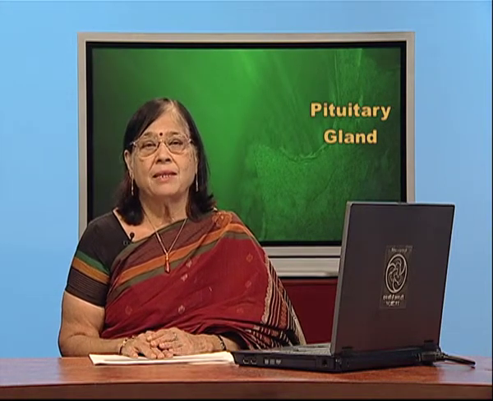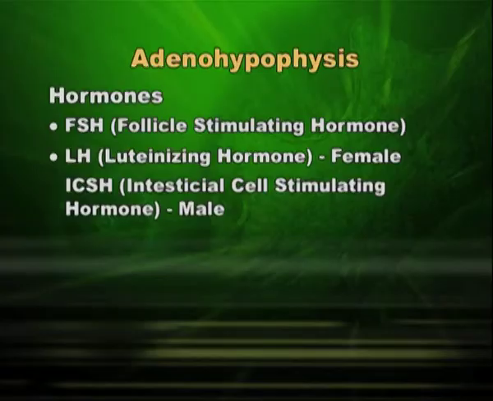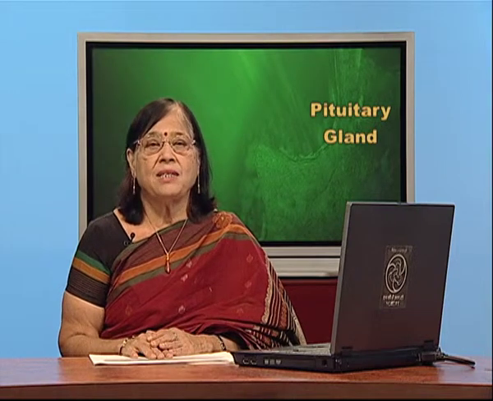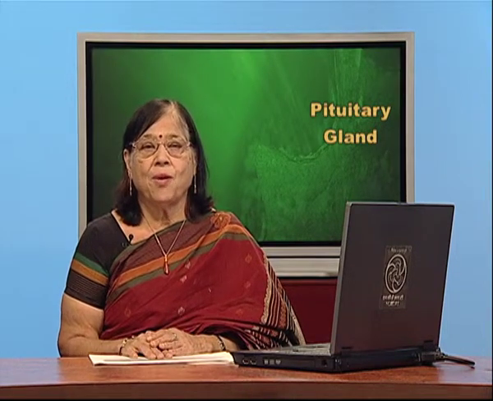So in men the same hormone is called ICSH, interstitial cell stimulating hormone, because in case of men it is acting on interstitial cells, which in turn will produce male hormone.